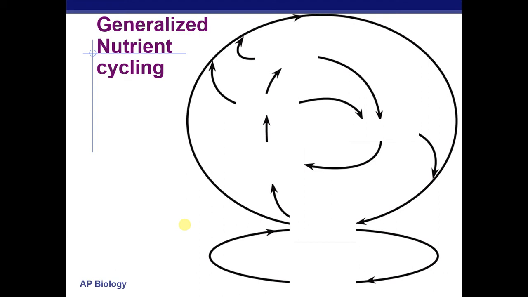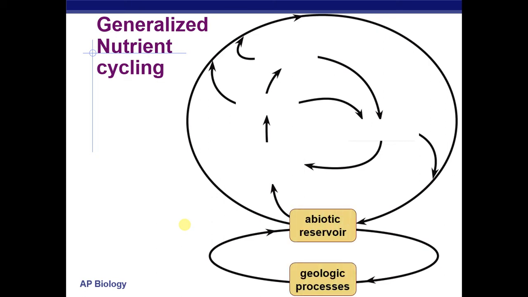So this is a picture of a generalized nutrient cycle. It's not specific to any of them that we're going to look at. It's just a general net for you to get the idea. So here at the base, at the bottom, is what we call the abiotic reservoir.